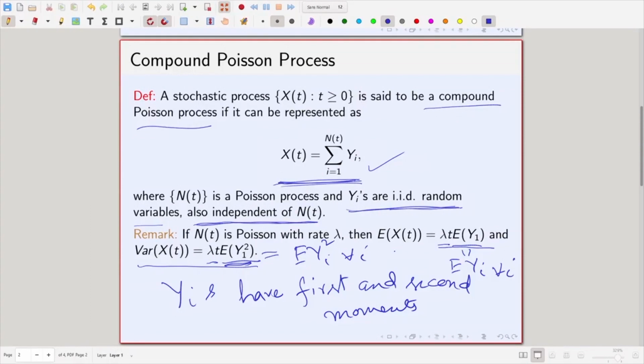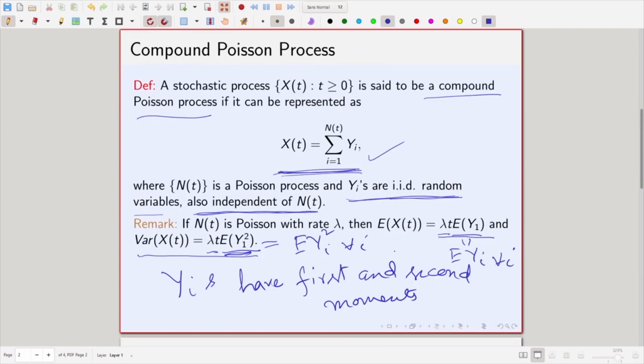You will see that is where you use the fact that N_t is independent of the Y_i and so on. I am not going to do that in this course, but I strongly encourage you to do those two exercises. But you should keep in mind these two formulas, the expectation and variance of a compound Poisson process if N_t is Poisson with rate lambda.